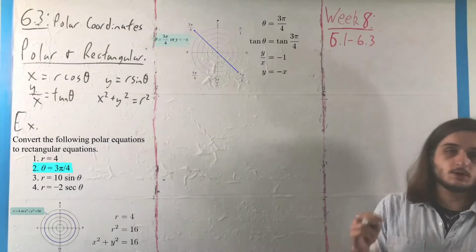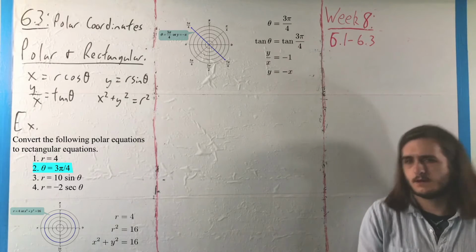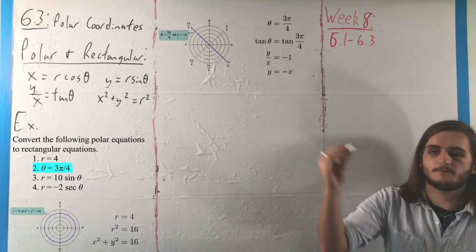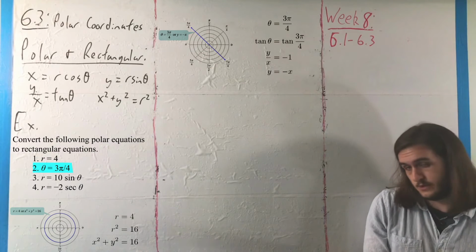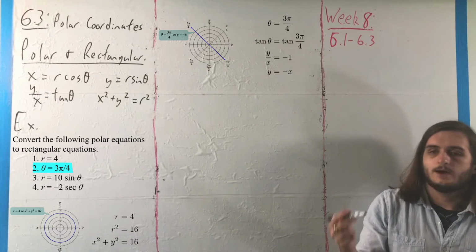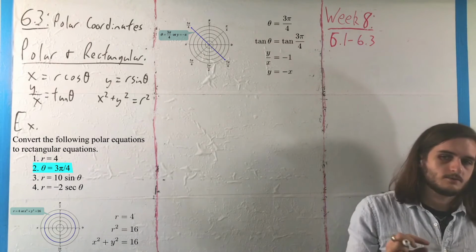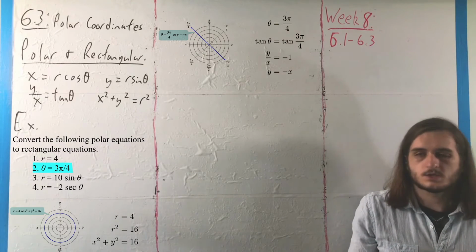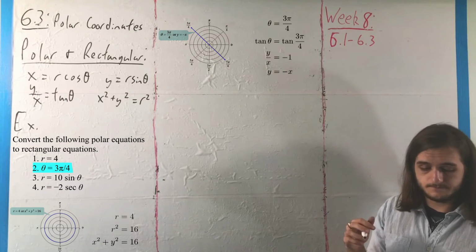When we just have an equation that gives us a value of theta, we're talking about a specific rotation, a set of points along that rotation, which will be a diagonal line through the origin, where the exact arrangement of that rotation, the constant multiple, is determined by what that theta value is.